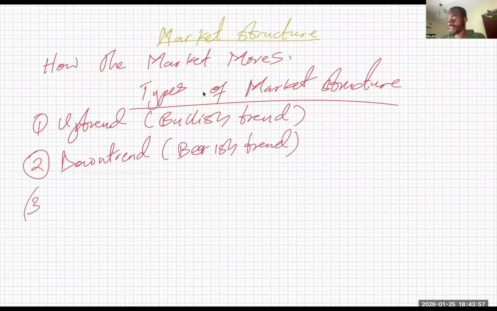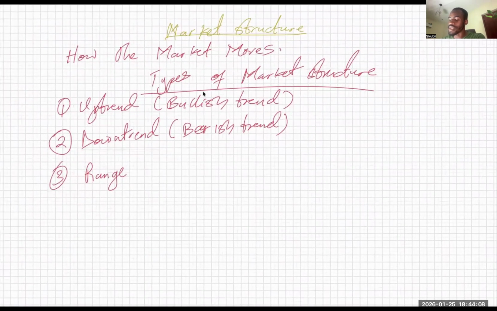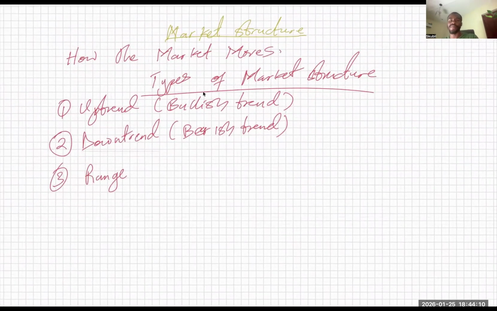And then we've got a range, or some people call it consolidation or ranging markets. So these are the three ways price moves at any point in time.